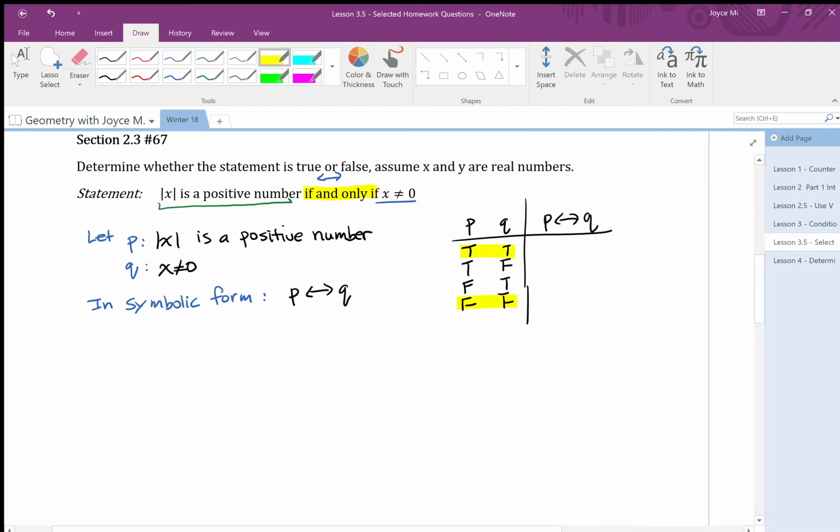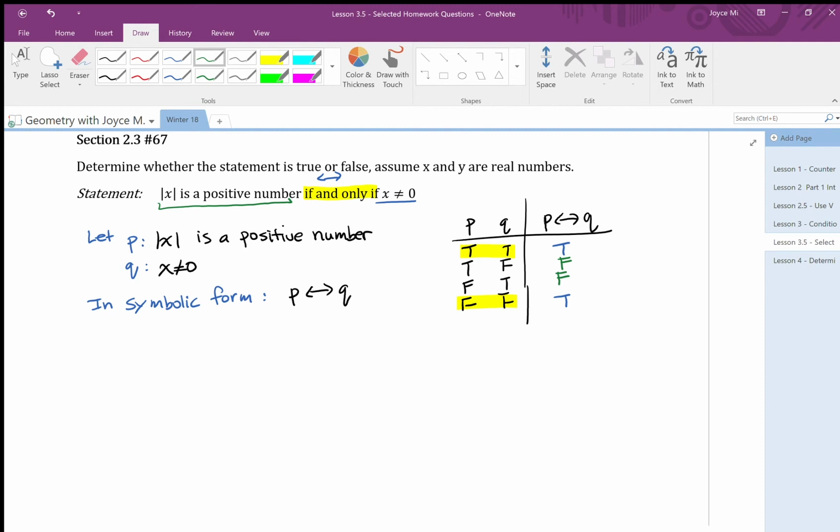So the first row and the last row are true, and the middle rows are false. This is what we did in lesson 3, so if you're not sure, I encourage you to go look over your notes again.